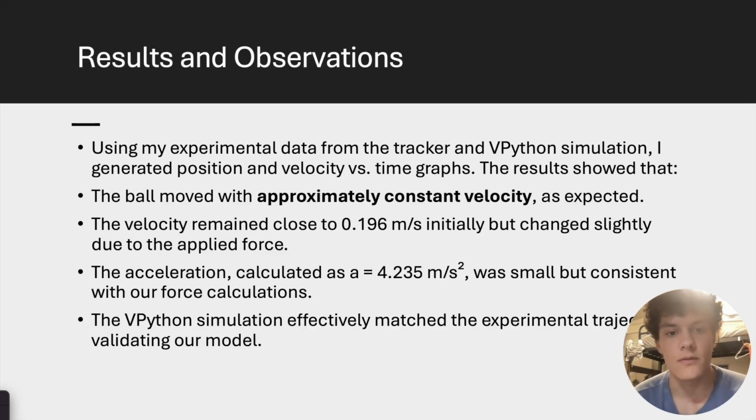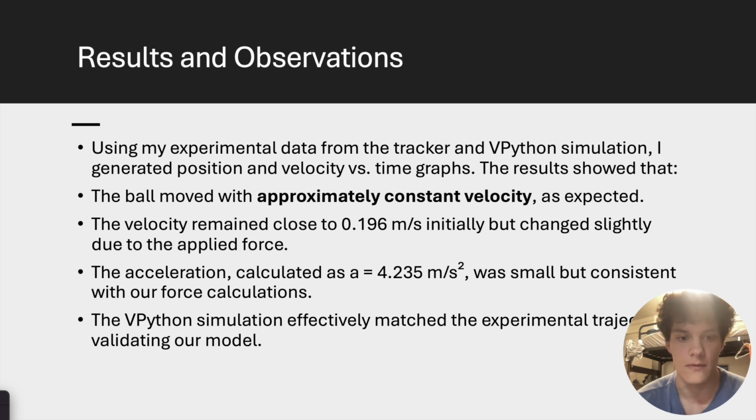Okay, so these are my results and observations that I made after I did this. Using my experimental data from the Tracker and the VPython simulation, I generated the position and velocity versus time graphs. The results showed that the ball moved with approximately constant velocity as expected.